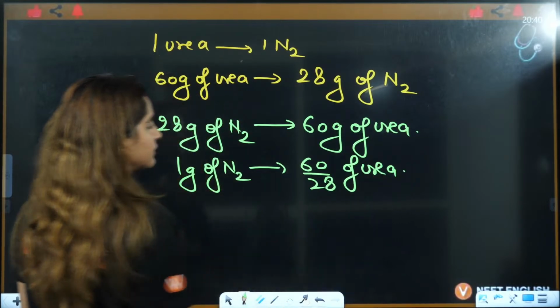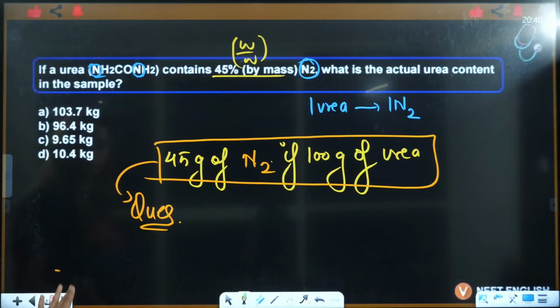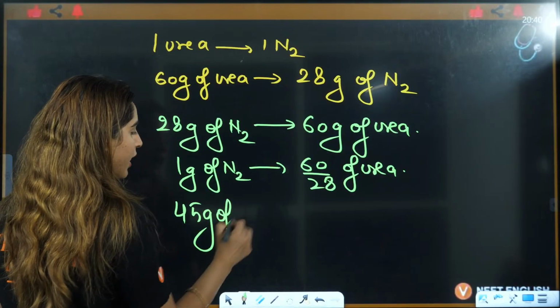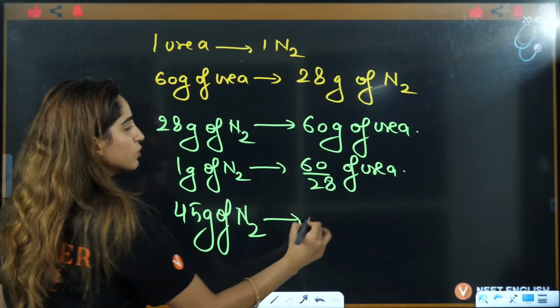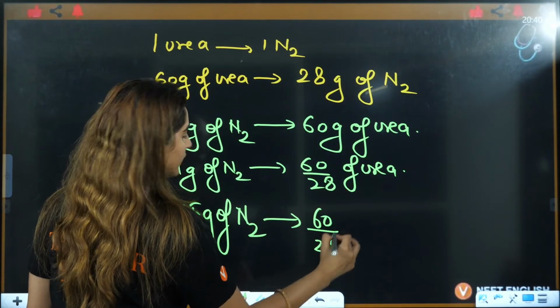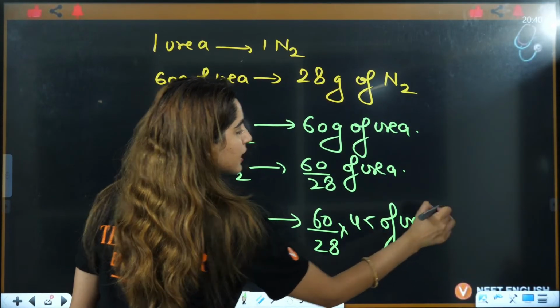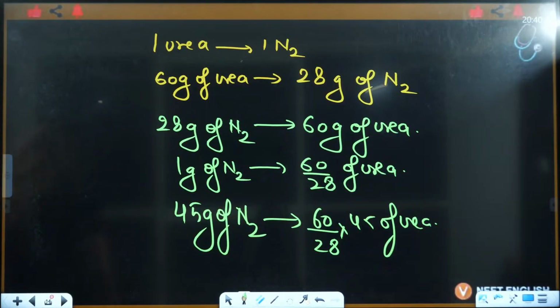Then they are discussing 45 gram of N2, so 45 gram of N2 will give you 60 by 28 multiplied by 45 of urea. Calculate this and you will get your answer.